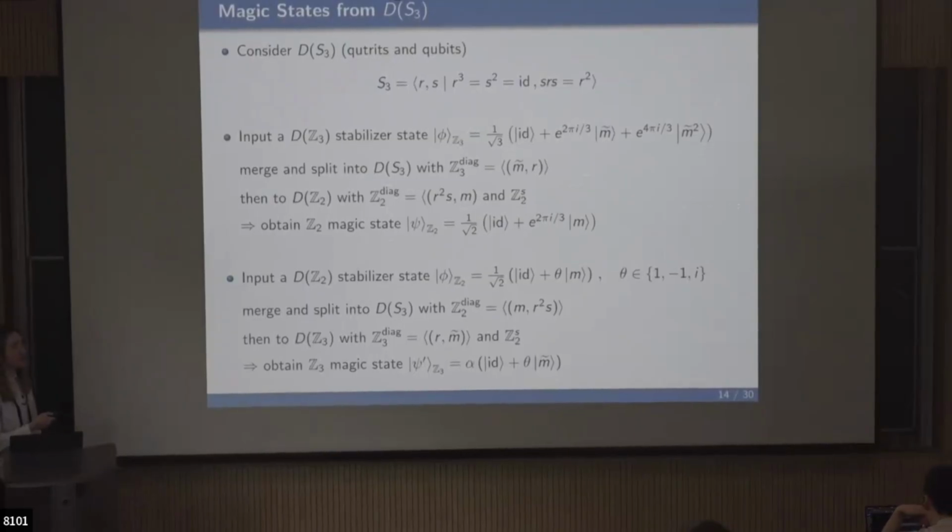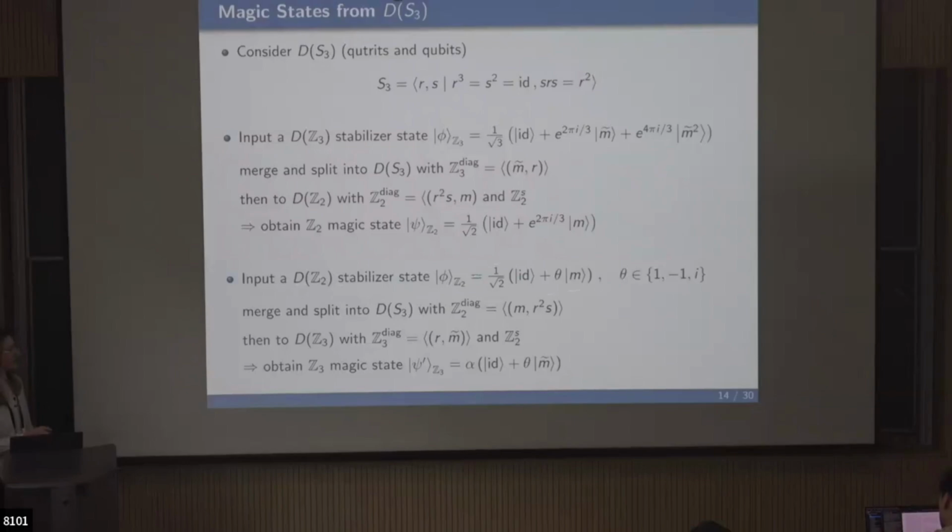And this is actually beyond the Clifford hierarchy, because it actually has this e to the 2 pi over 3 phase, although we need Q-trits for this. And conversely, we can also input a Z2 stabilizer state, and then again teleport it into the S3 code, and then merge and split with Z3 to obtain a Z3 magic state.